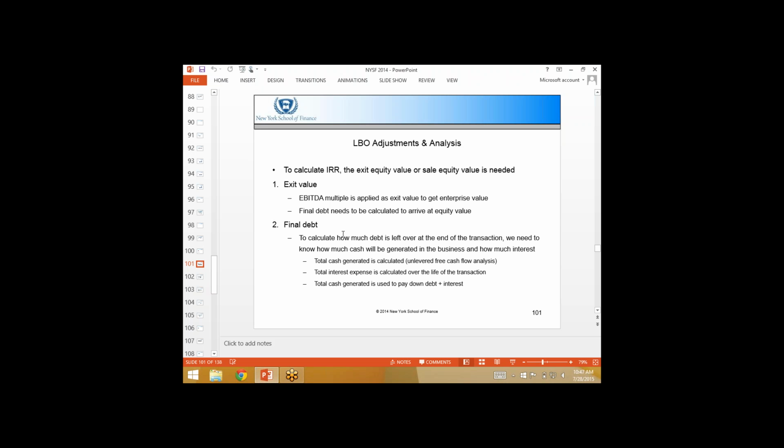It's basically the CAGR formula. That's it. That's the way to think about a leveraged buyout. All in the slides, all in the book.